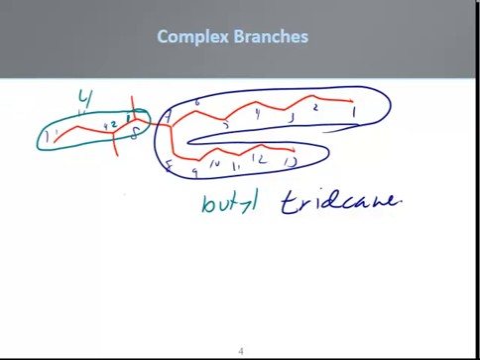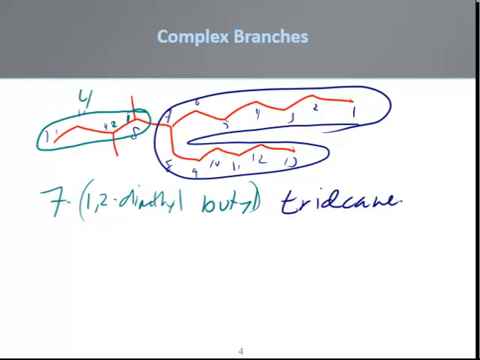This would be a 1,2-dimethylbutyl branch. It is found on 1, 2, 3, 4, 5, on carbon 7. So this would be 7-(1,2-dimethylbutyl)tridecane. Okay? So I hope that's clear.